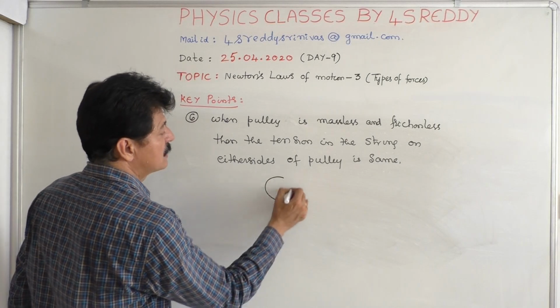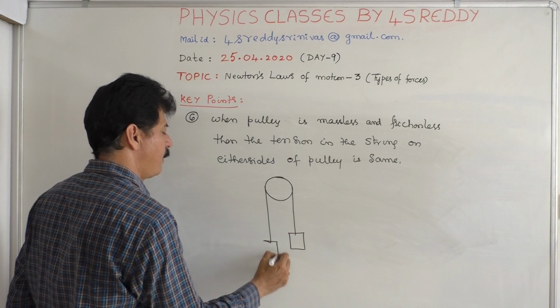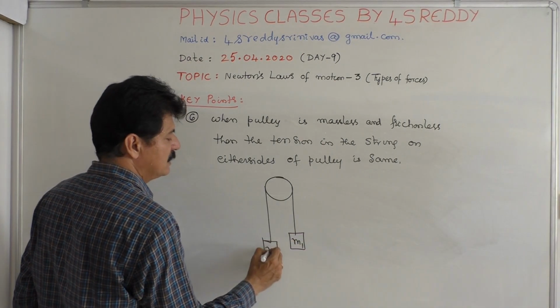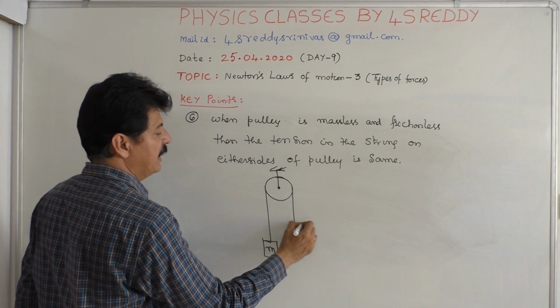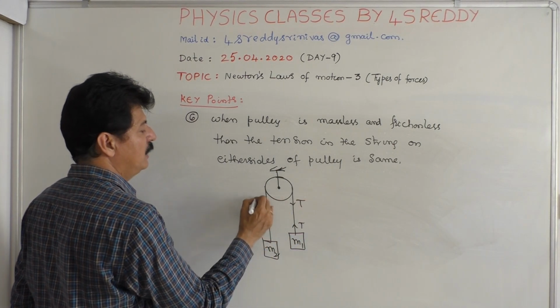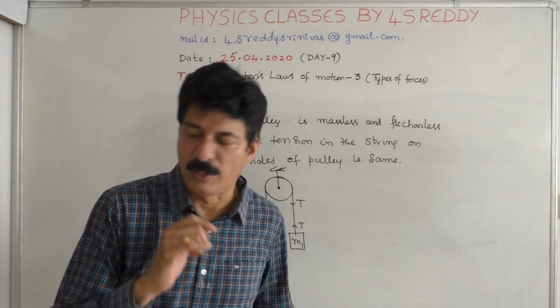That means, suppose this is M1, this is M2 and the pulley is massless, the tension on either sides of the pulley will be the same. This is another point.